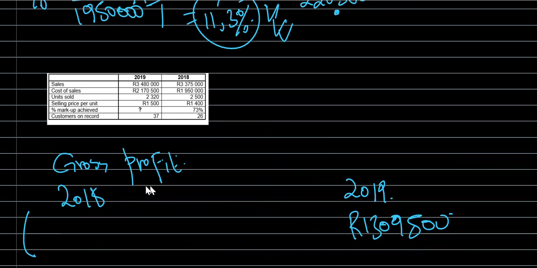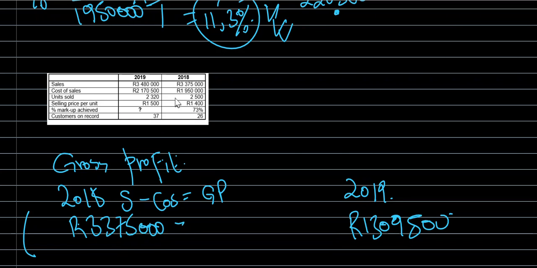Let's calculate for 2018, right? Sales minus cost of sales is equal to gross profit. So sales for 2018 is 3375,000 minus the cost of sales 1950,000.